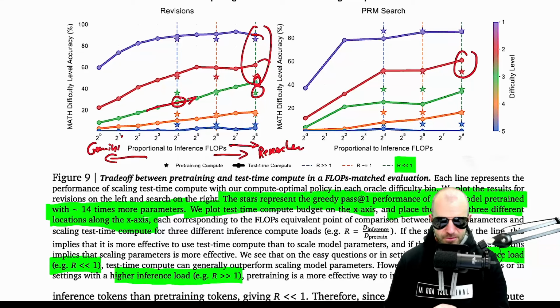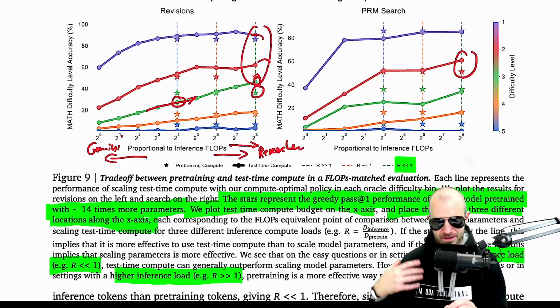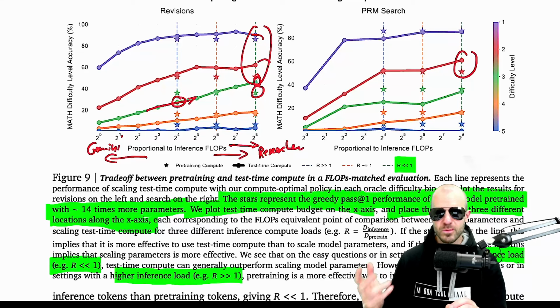So whenever the line here is better than the star, that essentially means that using test time compute, you outperform a model that's 14 times bigger than your model, right? Because if they invest into pre-training, they invest into a 14 times bigger model.